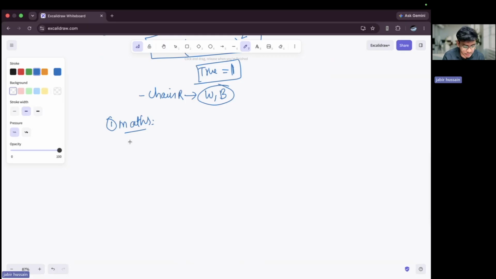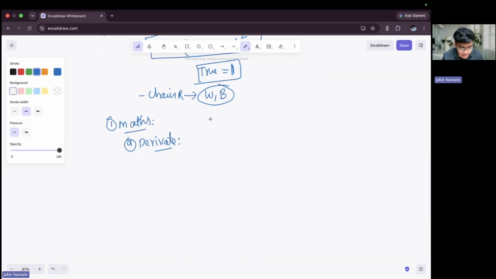The first concept in math is derivative. What is a derivative? A derivative is nothing but a basic idea of: if you nudge your input a little bit, how much is your output changing? That is known as the derivative.